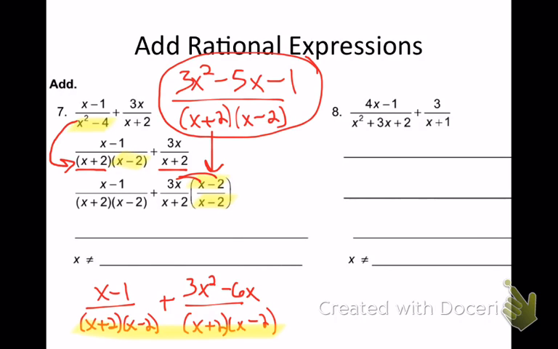And then if I look at my denominator, I'd say x can equal what two values? X can equal negative 2 and 2. Very good. 8. 4x minus 1 over x squared plus 3x plus 2 plus 3 over x plus 1.